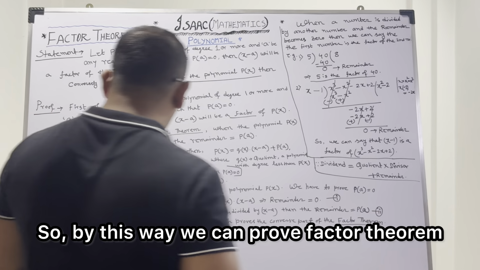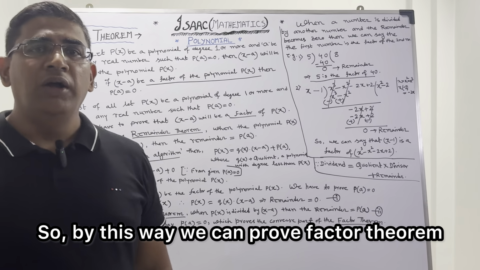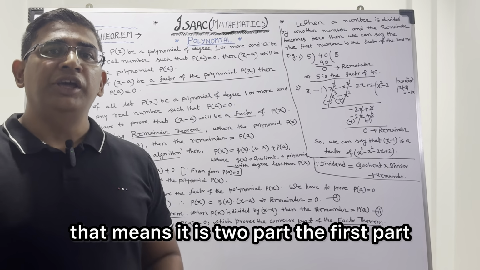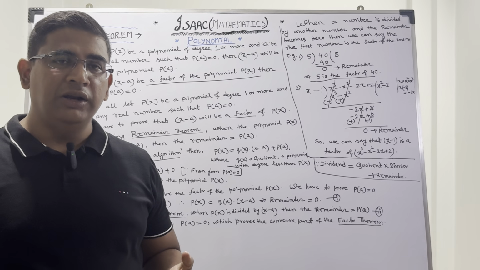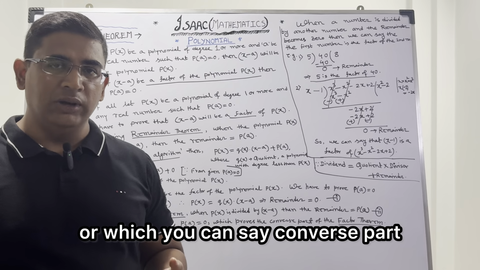Okay. So, in this way we can prove the factor theorem. That means its two parts, the first part and the second part, or you can say the converse part.